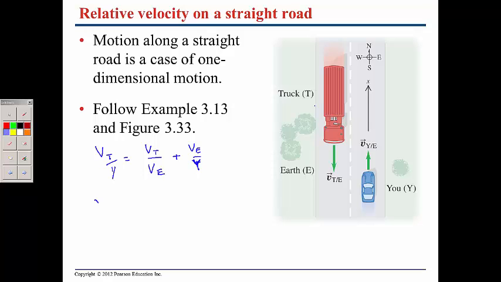Now, the funny thing here is the velocity of the earth with respect to you. What is that? If you look out your window as you're driving down the road, that's going to be equal to negative velocity of you with respect to the earth, because everything is moving backwards. If you're going forward at 60 miles per hour, then the sign that you just passed looks like it's going backwards at 60 miles per hour.